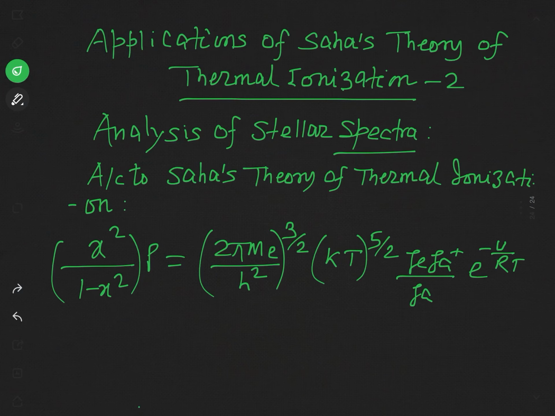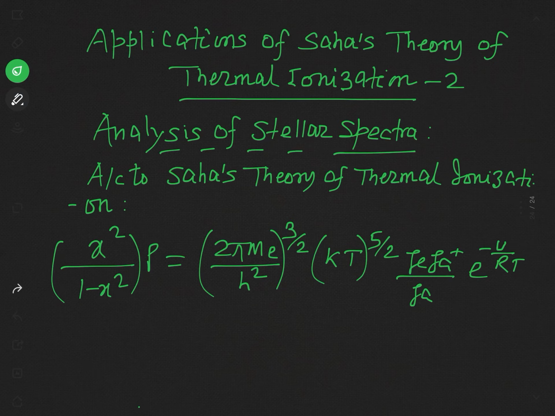Today we will discuss another important application, and this application is the analysis of stellar spectra. The cause of the invention of this theory was actually the explanation of stellar spectra, so we will study this application, which is the root cause of this theory.